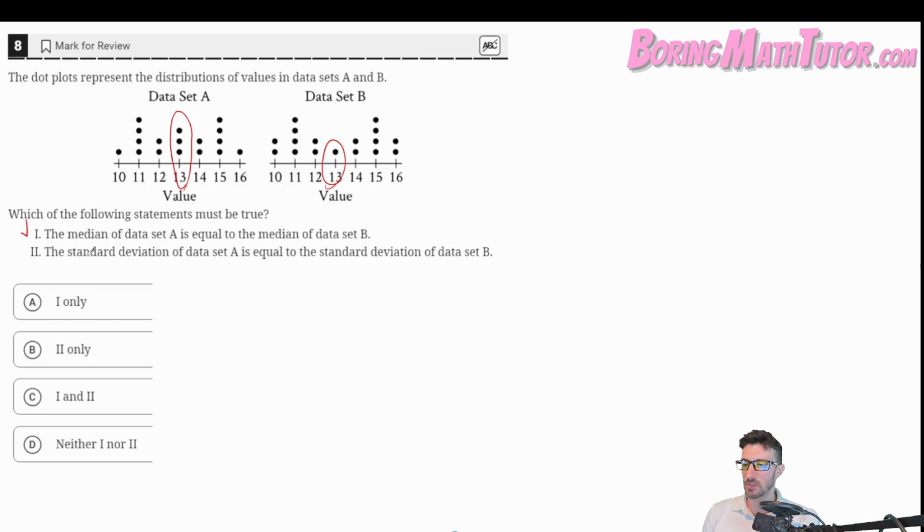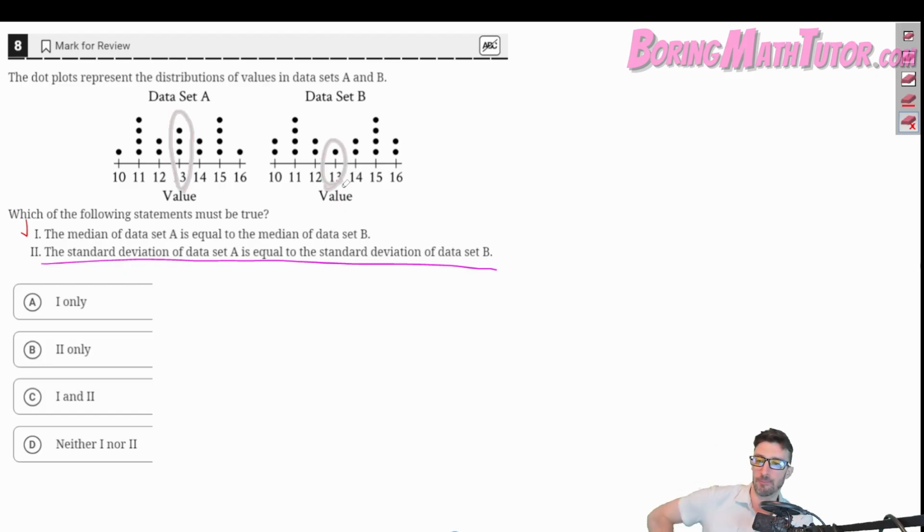But when it comes to the standard deviation, what you're looking at is how far things are spread out about the mean. And the mean, because both of these are symmetric, is actually going to be the same thing as the median. So now we just want to ask ourselves, which one is more spread out about 13?